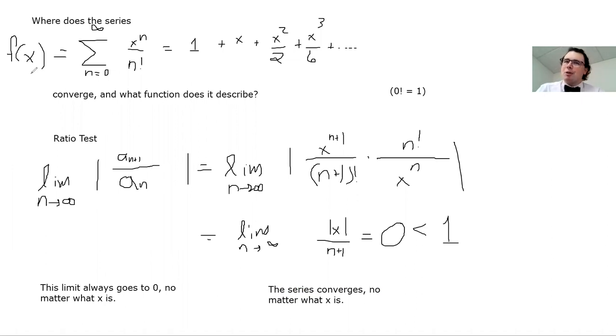Then the series 1 plus 137 plus 137 squared on 2 plus 137 cubed on 6 plus 137 to the 4th power on 24. That infinite sum will converge to some number. What number would that be?